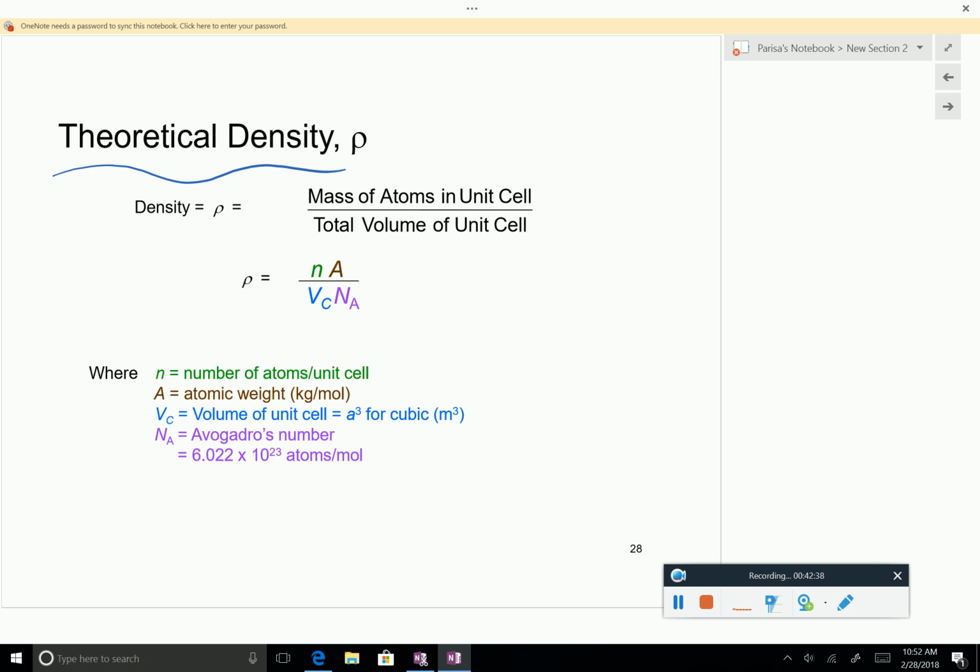So we have the number of atoms per unit cell, which you are now all experts at calculating for any kind of structure. Then you multiply this by atomic weight, so you have to know how much each atom actually weighs. That's important. Then we divide by the volume of the unit cell, and we have to correct with a scaling number, the Avogadro number, which is just a constant. It's always the same. This relates the number of atoms to moles, because atomic weight, as you have seen before, is in kilogram per mole.